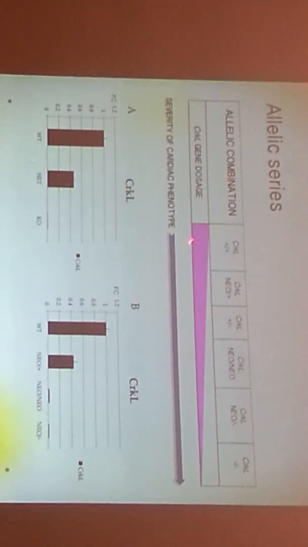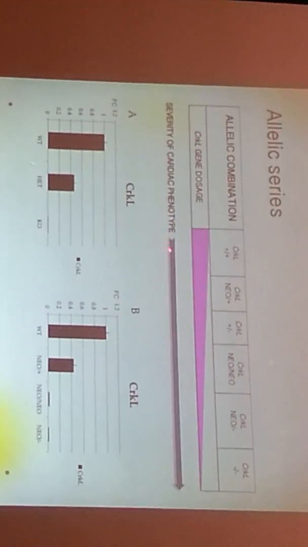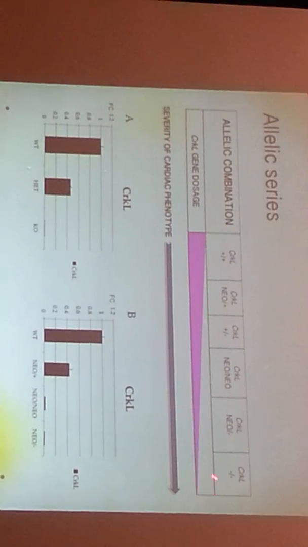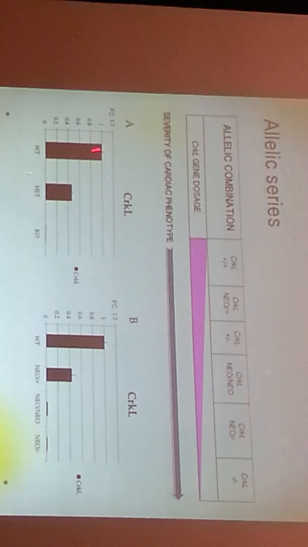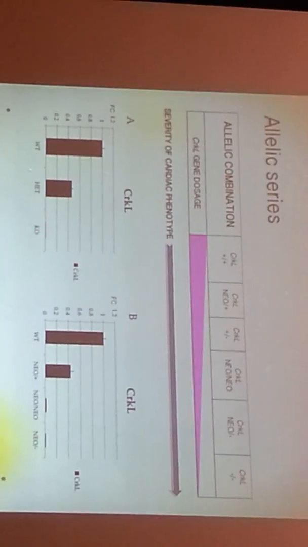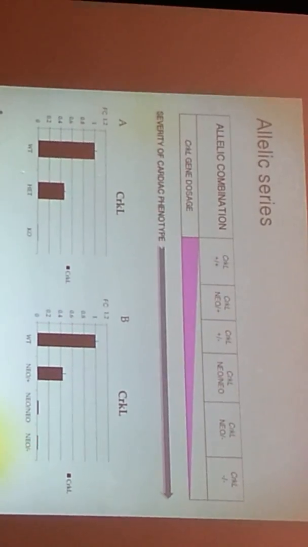The gene dosage is decreasing in this direction, while the severity of the cardiac phenotype is increasing in this direction. Less Crkl, more severe. And this is a qPCR experiment where we show the mRNA for Crkl in the wild type, in the het, and in the knockout, as well as the wild type, neo plus, neo neo, and neo minus.